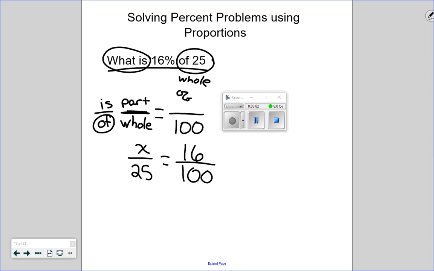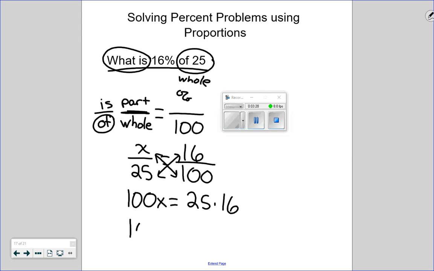To solve a proportion, you multiply the x times the 100, the means and the extremes, if you've heard it called that, or cross products. So we multiply x times 100 to get 100x, put our equal sign, and then we multiply 25 times 16. And you can do that off to the side or on a calculator.